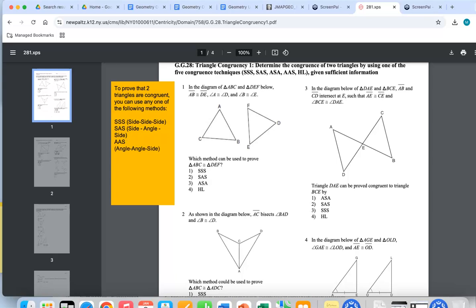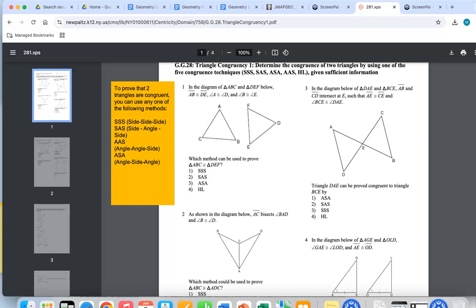And if you're like, I have no idea what you're talking about right now, then we're gonna discuss it in a moment. And you can also pause this video and just type in triangle congruence methods and watch a few videos on that. But if you have an idea of what I'm talking about, you should definitely continue this video.